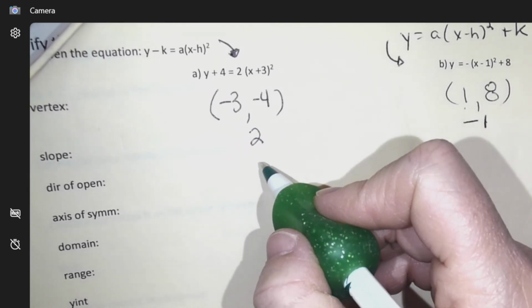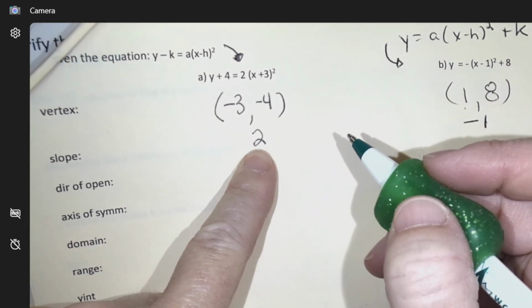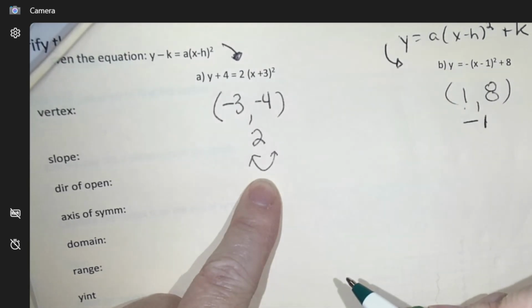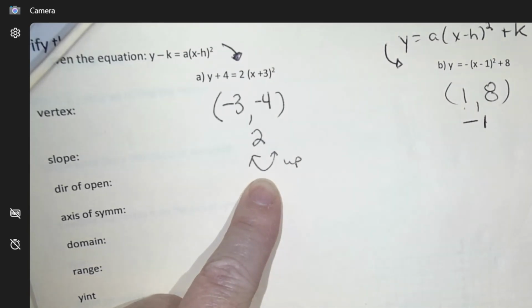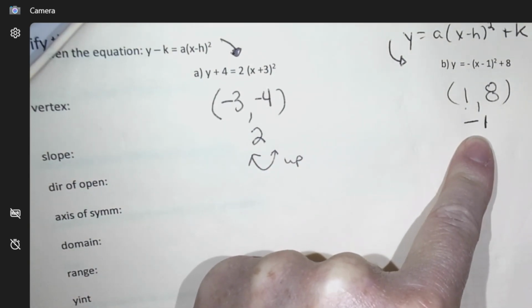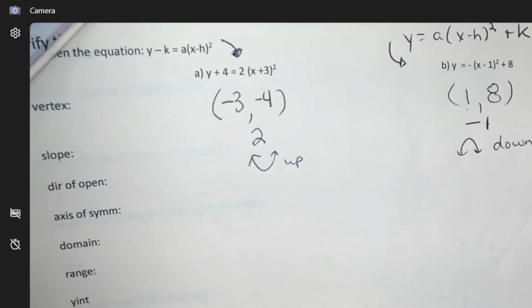Direction of opening, so is it going to be an up or a down? So if the slope is 2, it's going to be an upward one. If the slope is -1, we're going to be a downward facing one.